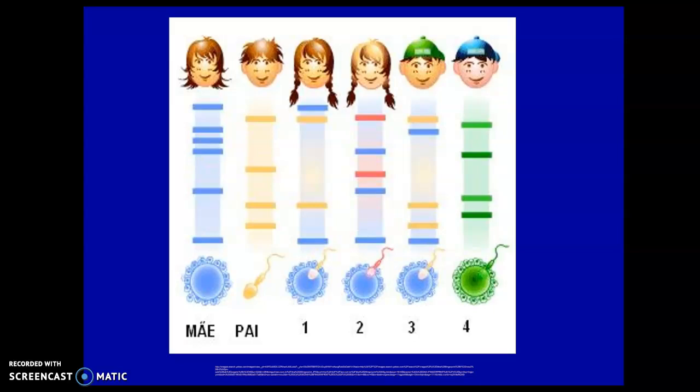It can also be used in paternity testing. This is commonly what you would see on the SOL when it comes to DNA fingerprints: having the parents and then figuring out who are the children of those parents. The way you figure it out is to see who has the most in common.